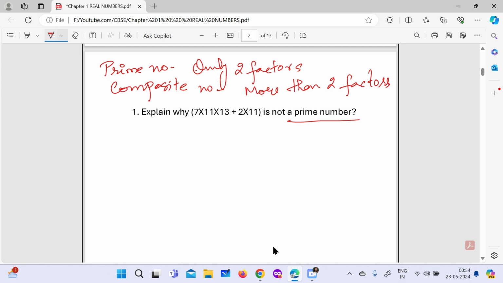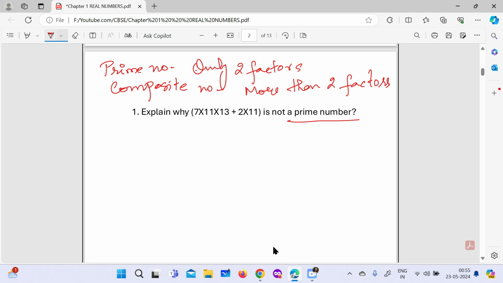Now let's do this question. Explain why 7 times 11 times 13 plus 2 times 11 is not a prime number. This question says that this is not a prime number, so what do we need to look for? We have to see that this number has more than two factors.